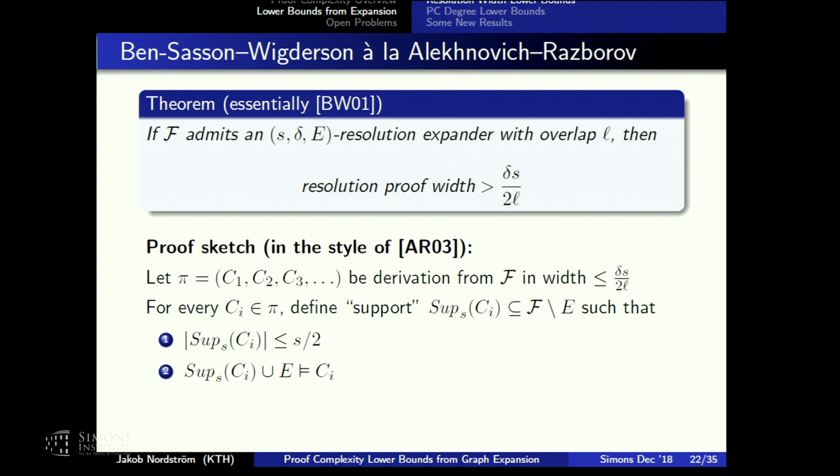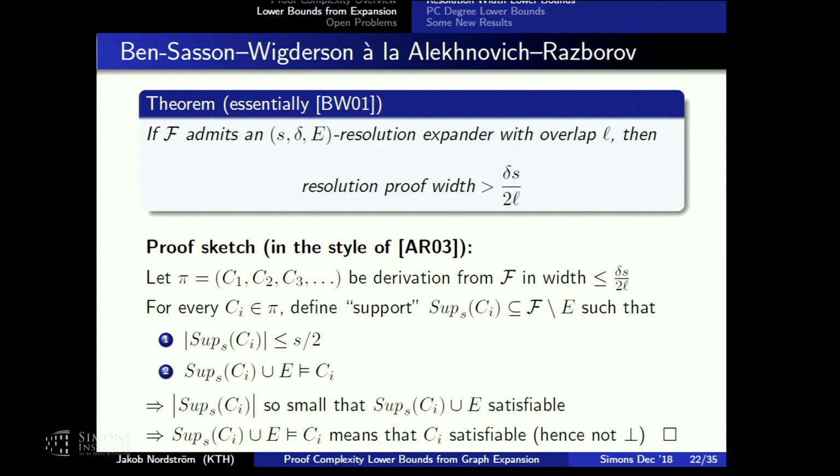I'm going to prove that on the next slide. If I can do this, then since the support is so small, the support union the filter set is a satisfiable set. But if it is satisfiable and implies C, then that means that C is also satisfiable. So it's not a contradiction, so we didn't derive a contradiction in this small width, QED.